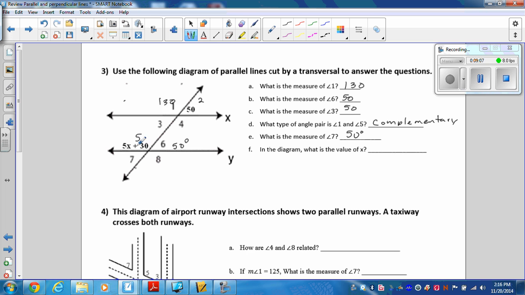So 5x plus 30 plus 50 is equal to 180. You could also say that this angle is equal to this. So you could also do 130 is equal to 5x plus 30. So 5x is equal to 100, and x is equal to 20.